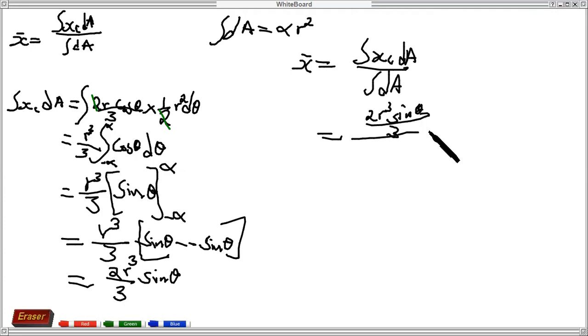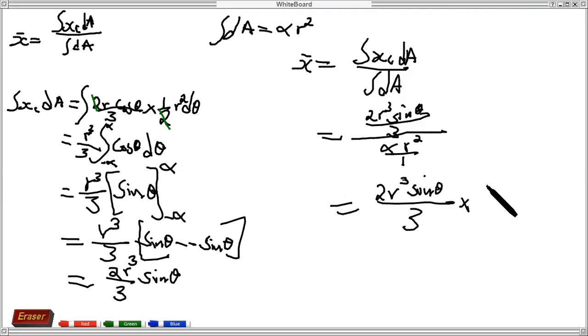Then the whole thing you divide by the area, alpha r squared, which is over 1. So it ends up becoming 2r cubed sin of that angle over 3 times 1 over alpha r squared.